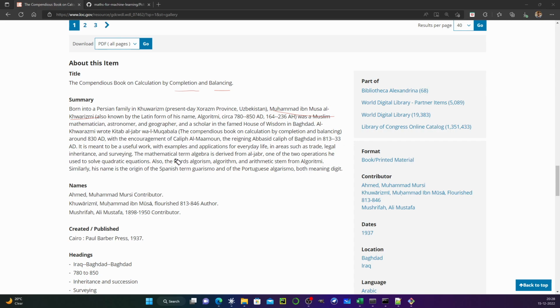This mathematical term algebra is derived from al-Jabr. That's how algebra came into existence. It's one of the two operations used to solve a quadratic equation. So we have taken algebra from this.